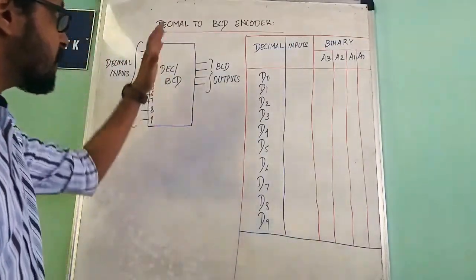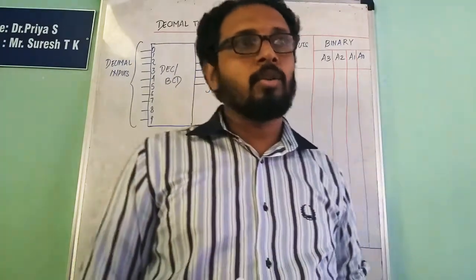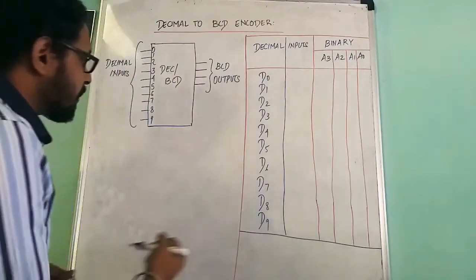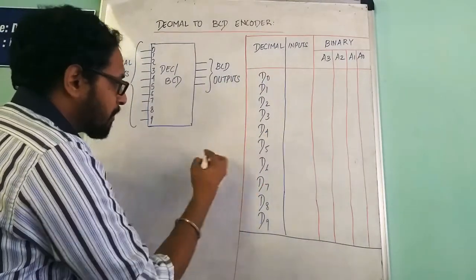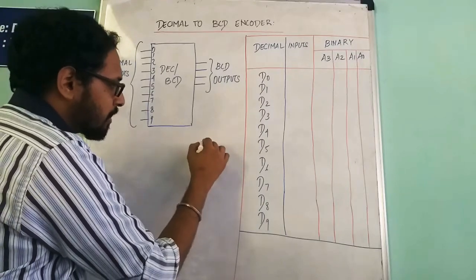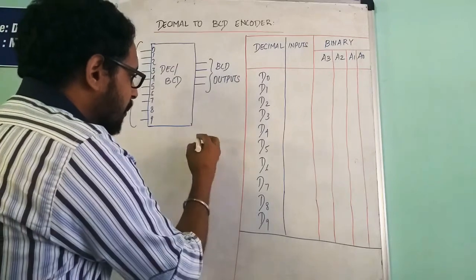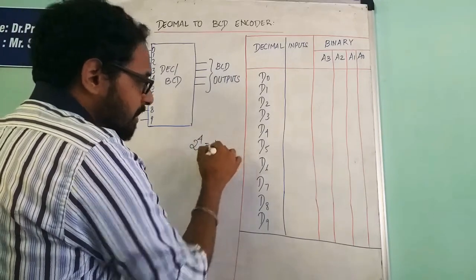Our next topic is decimal to BCD encoder. Here also the specialty is we are going to construct BCD. We represent this as 4 bits. Actually 2 raised to 4 means we have 16.